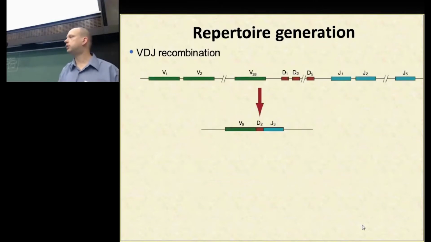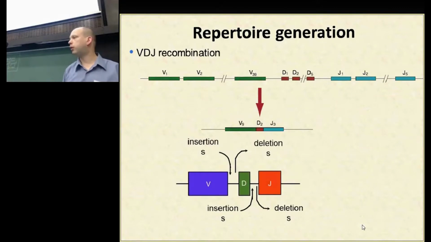Repertoire generation, again, this is just a reminder. During the recombination, there are different possibilities for V, D, and J genes. For instance, this is for, let's say, T cell beta chains or B cell heavy chains, and there's a choice from each kind of gene coupled with some insertions and deletions, which give the large diversity of possible immune receptors.